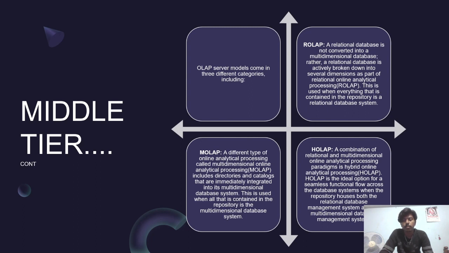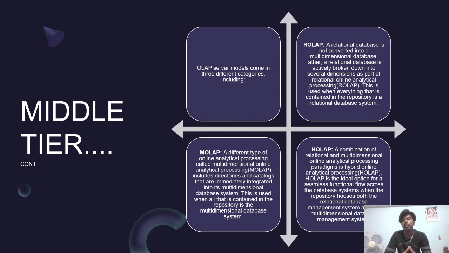Moving on to MOLAP, a different type of online analytical processing called multidimensional online analytical processing includes directories and categories that are immediately integrated into its multidimensional database system. This is used when all that is contained in the repository is the multidimensional database system.